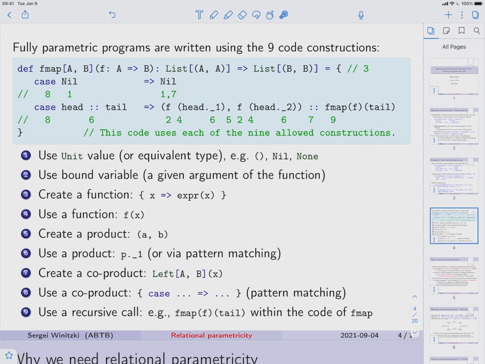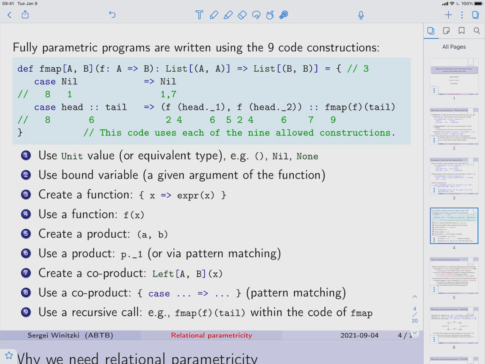It's nil or head and tail. So then you pattern match on this. This is construction number 8, to pattern match on a coproduct type. Then here you use construction number 1, for example, to use a fixed value of a type. Here you use construction number 6, which is using a product type, because the list contains a product of head and tail. It's just a different syntax for product.